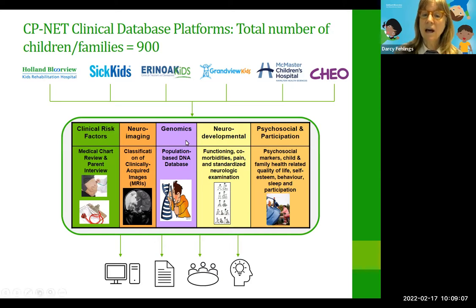We collect saliva with the child and the parents, and then extract the DNA. And we can do whole exome or genome sequencing on that saliva specimen. We collect standardized information on their child's neurodevelopmental status. And then we're also very interested in psychosocial and participation markers and family health markers. So we collect that information as well.